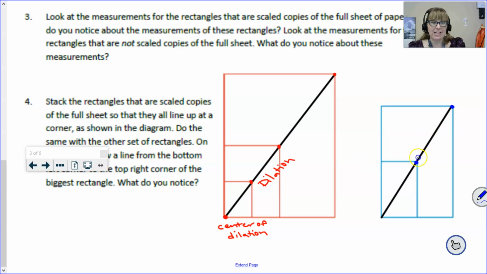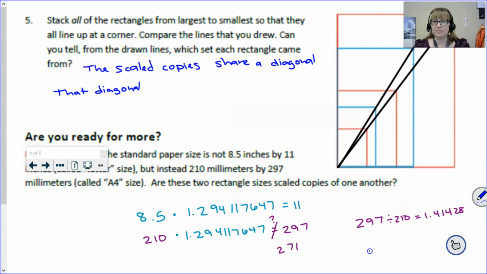Similarly, these were scaled copies, so this is also a dilation. The center of this dilation is that point right there. So I want you to think, what does that center of dilation do? What does a dilation do?